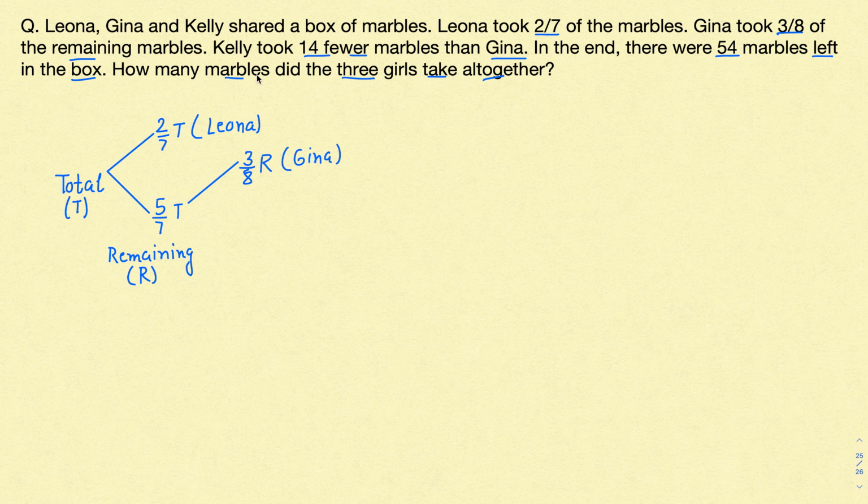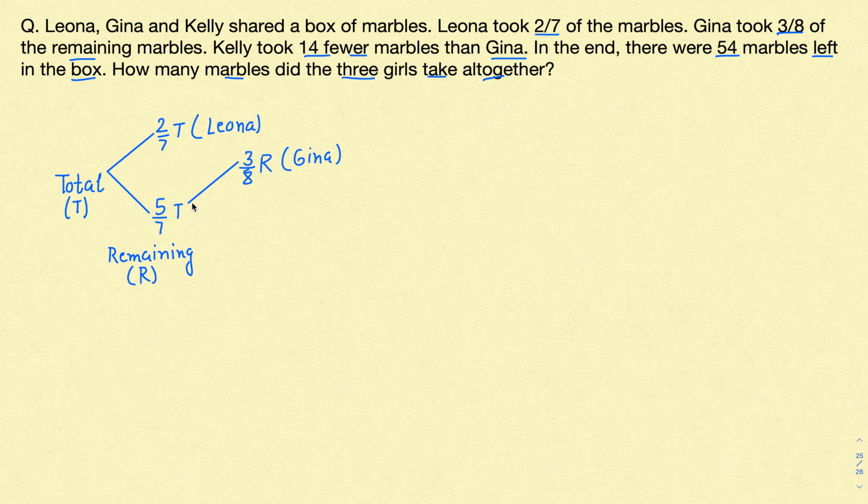Then how about Kelly? Kelly has taken 14 fewer marbles than Gina. We don't know what fraction Kelly has taken, but there is a relationship between the marbles taken by Kelly and Gina. We know that Gina has taken 3/8 of the remaining, and Kelly has taken 14 fewer than Gina.